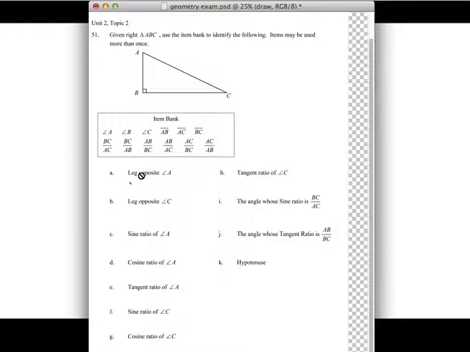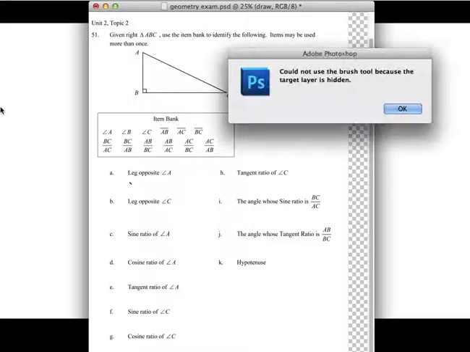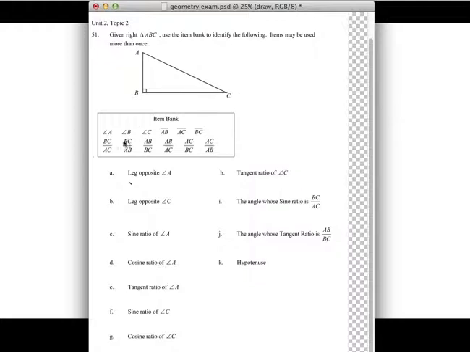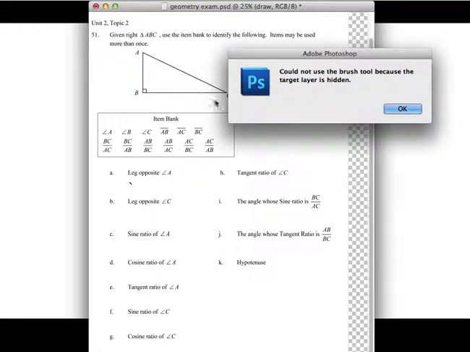Now, to look at the first letter A. For angle A, this is the opposite right here.